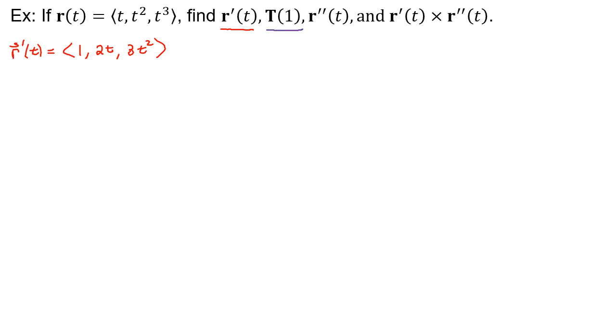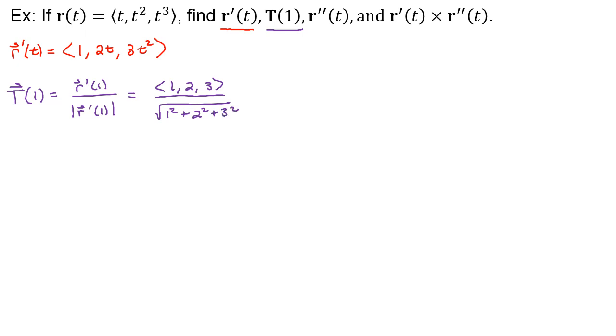Then if I want to find the unit tangent at 1, well, my unit tangent at 1 is r prime at 1 divided by the magnitude of r prime at 1. So I need to just plug 1 into that r prime above there. Plugging 1 in is pretty easy. I'll get 1, 2, and 3 divided by the magnitude of 1 squared plus 2 squared plus 3 squared.